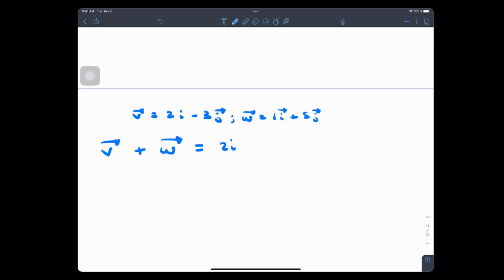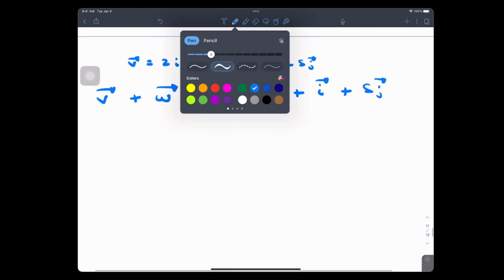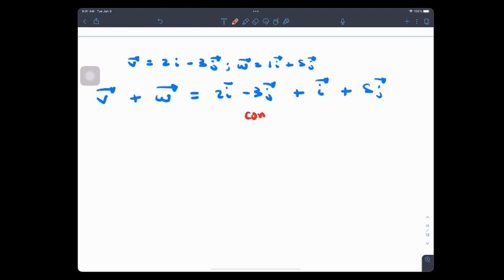Here's 2I minus 3J. I guess I have to write everything down again. Plus 1I plus 5J. So the reason we care is because we just combine what? Like terms.